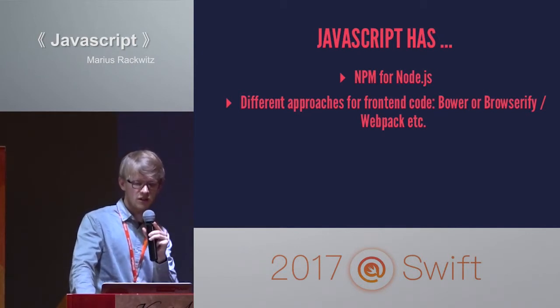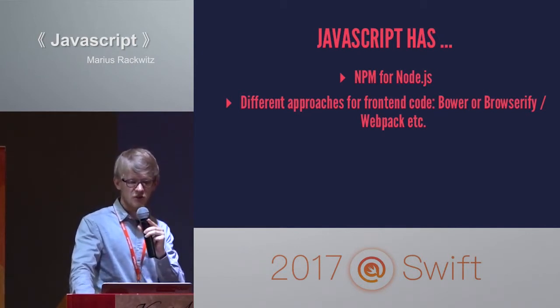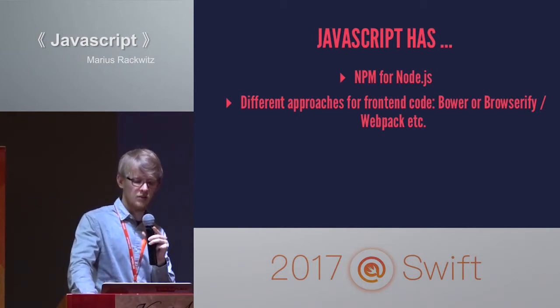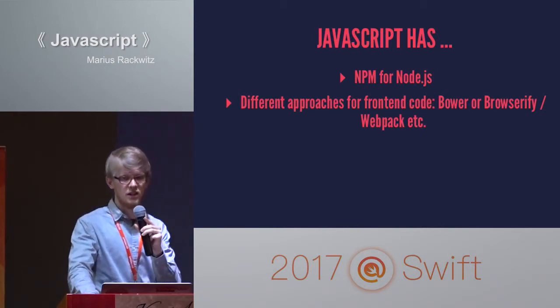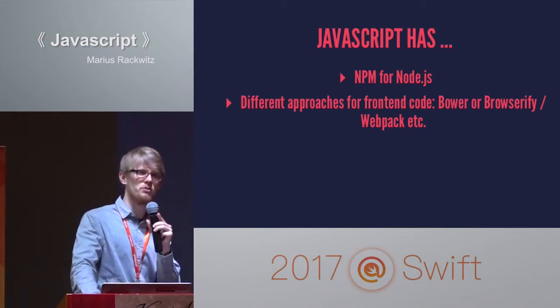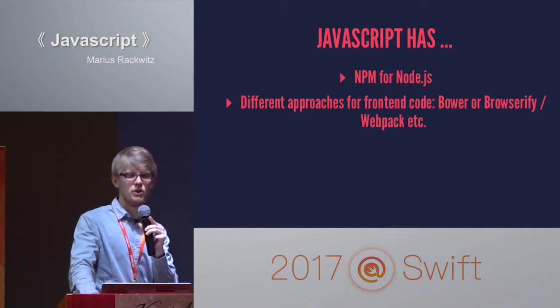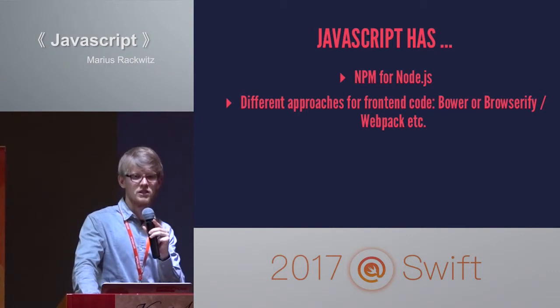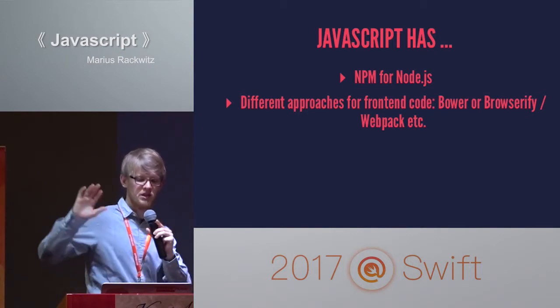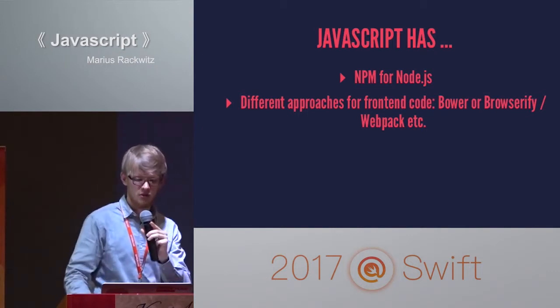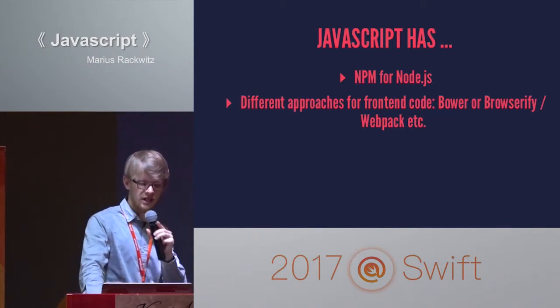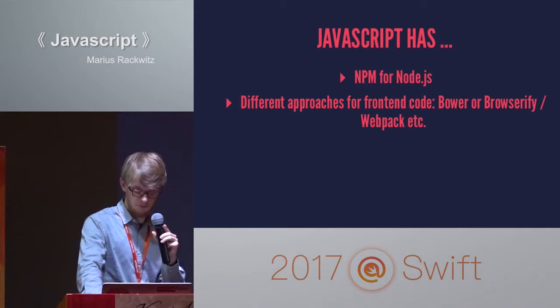There used to be Bower, and approaches like Browserify and Webpack rely on NPM for the package management part and package that up in different ways, which optimize it to actually ship the code over the network to web browser clients. But these are all challenges which go way beyond my talk, and you can probably speak in a dedicated talk about just that.